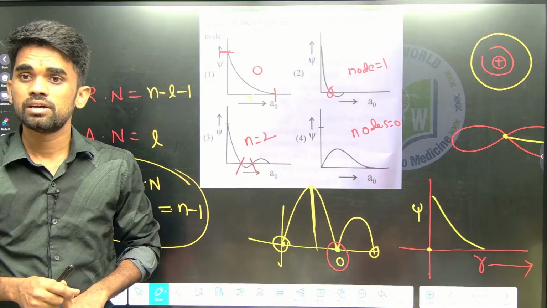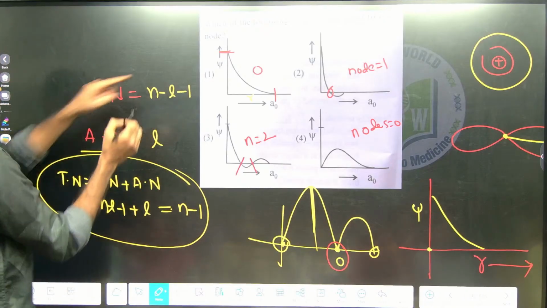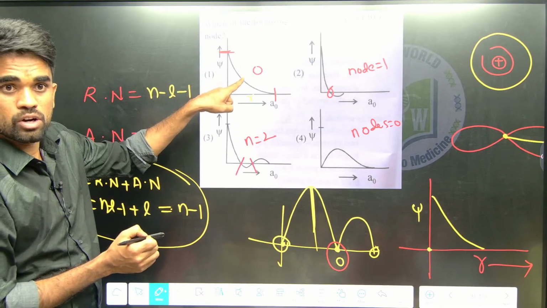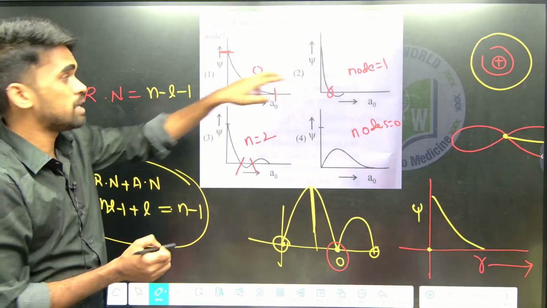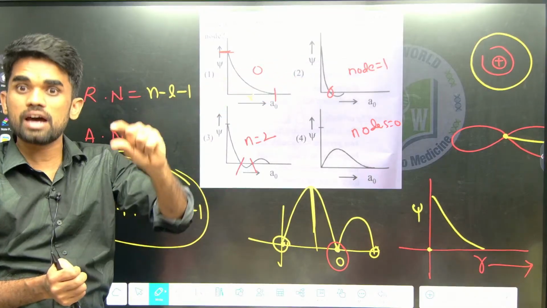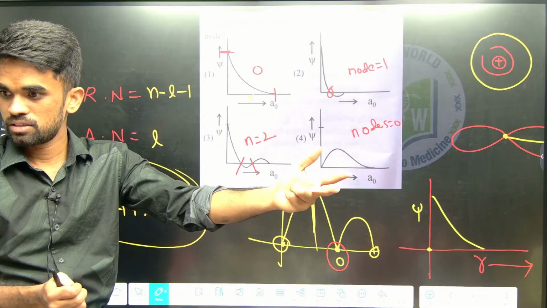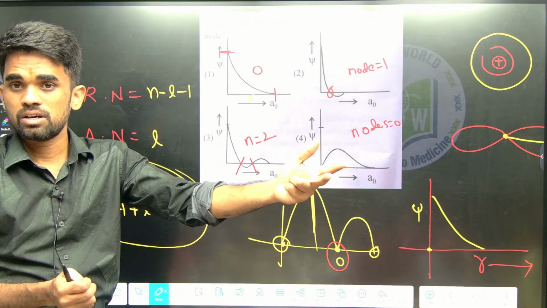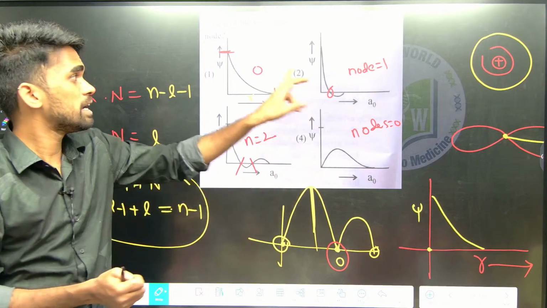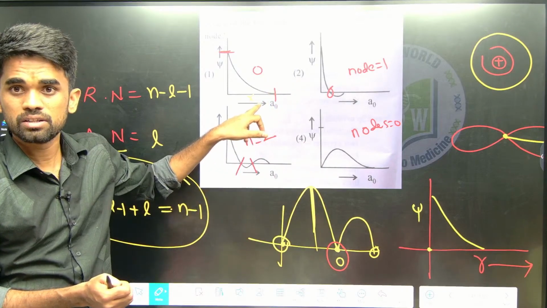You are saying this orbital is an s orbital, but which one exactly: 1s, 2s or 3s? How do we get to know? By finding its number of nodes. How many nodes did we get here? 0.